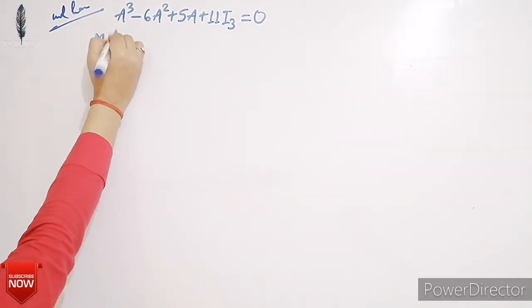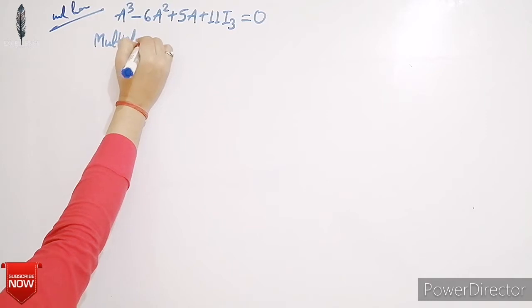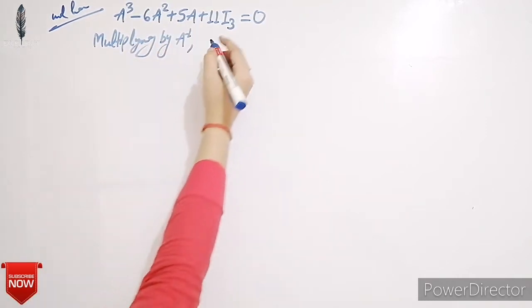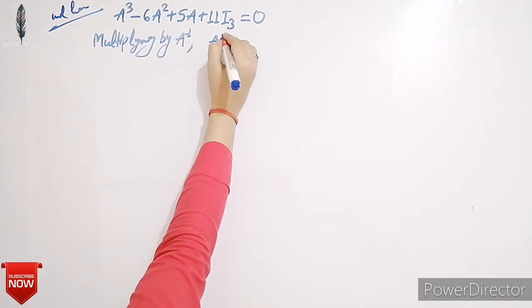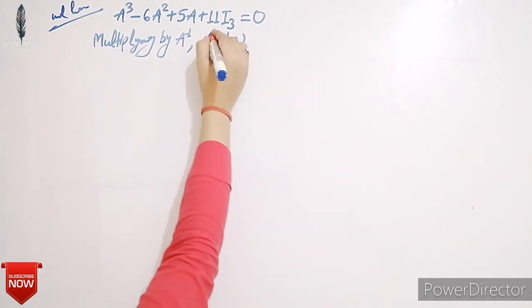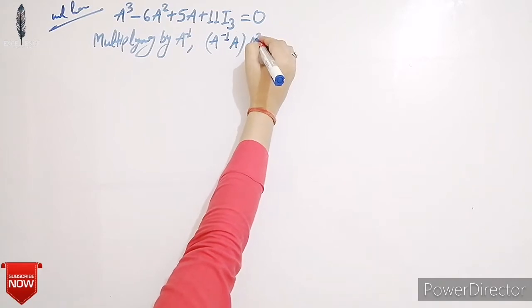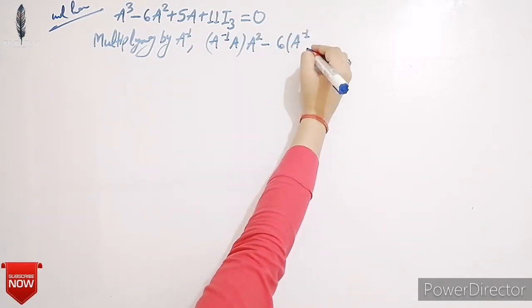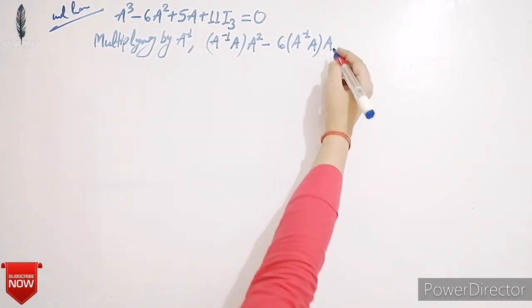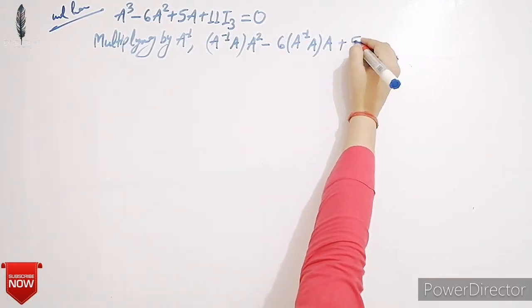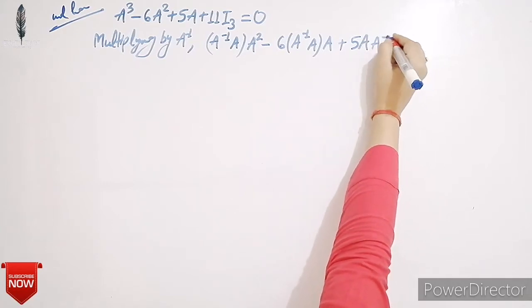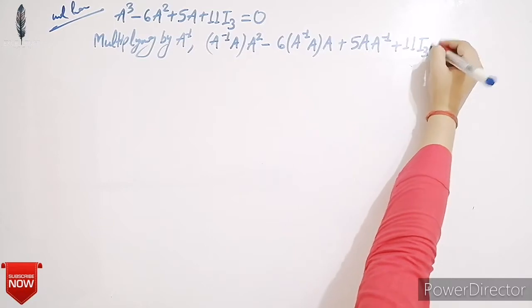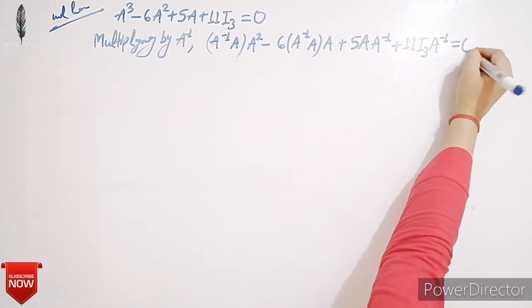So multiplying by A inverse, it can be written as A inverse A into A square minus 6 A inverse A into A plus 5A into A inverse plus 11I3 into A inverse equals 0.